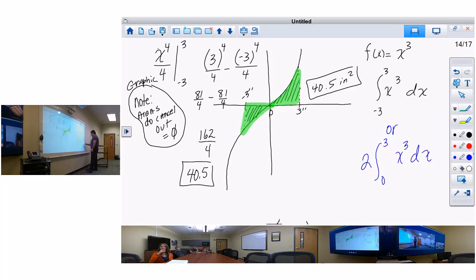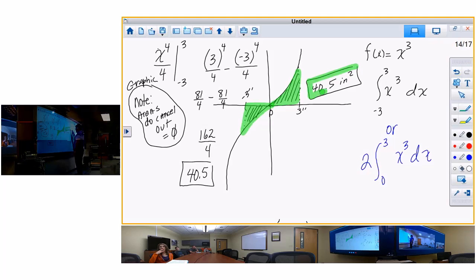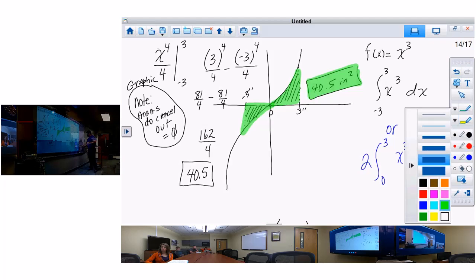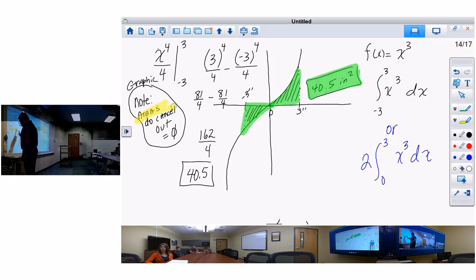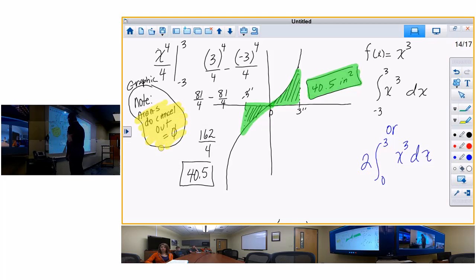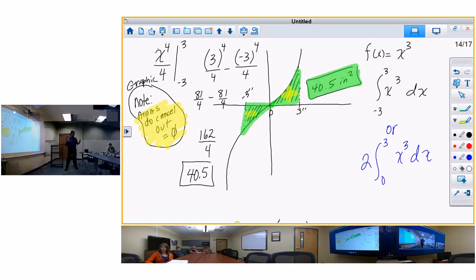One, you've got to realize that area cannot be negative. If area cannot be negative, you're going to get an area. The mathematics and the signs tell you here that the areas do cancel out because one is negative and one is what? Positive. So you got to make that distinction.